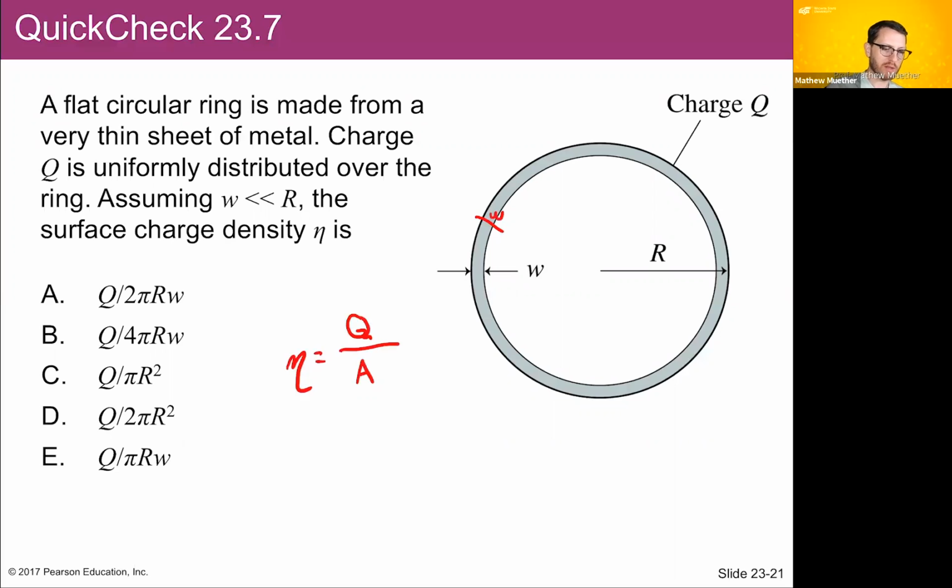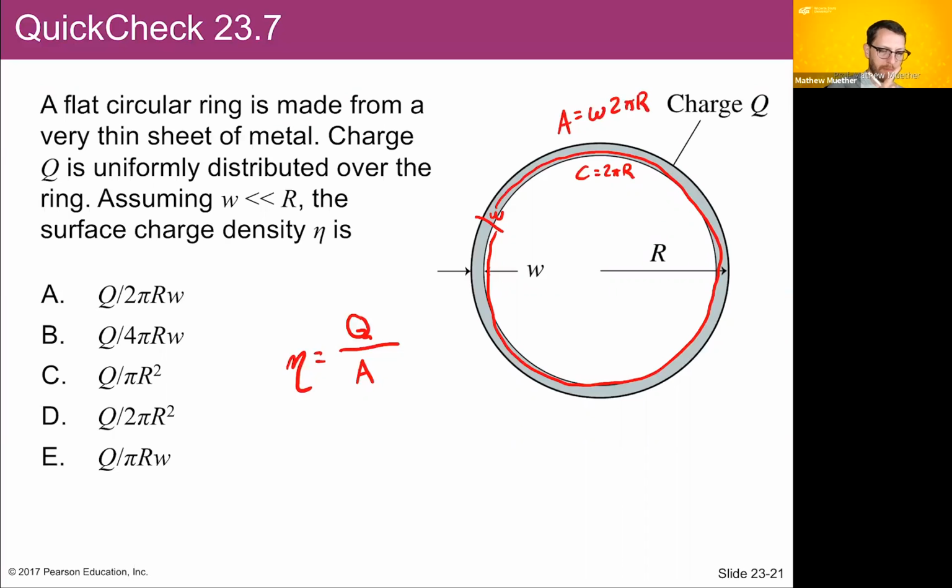It has a width W, and it has some length, right? This side, the circumference, is going to be 2 pi times the radius. And so I know that the area of this thing here is going to be the width times 2 pi r.